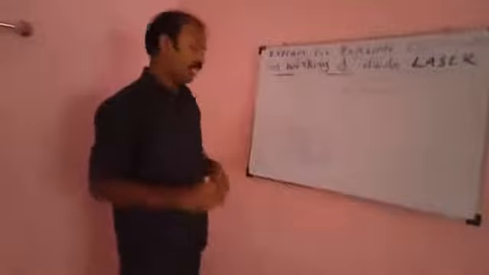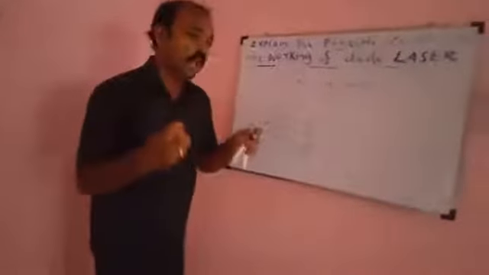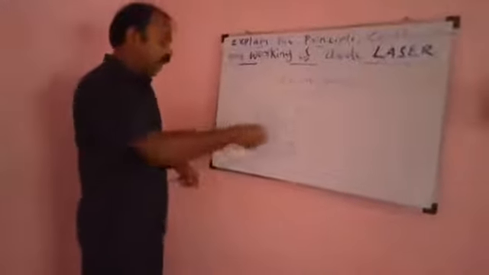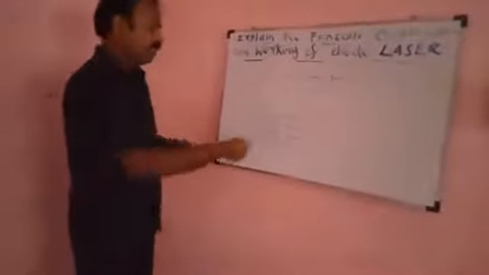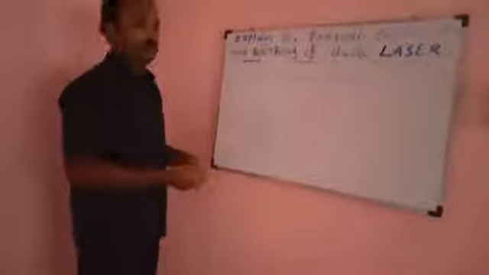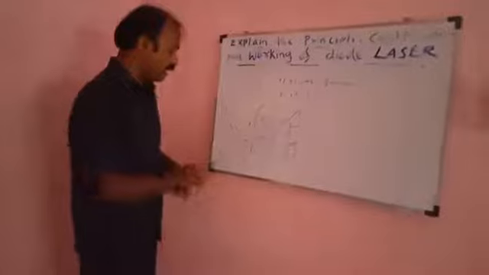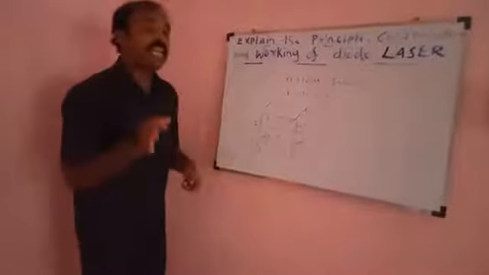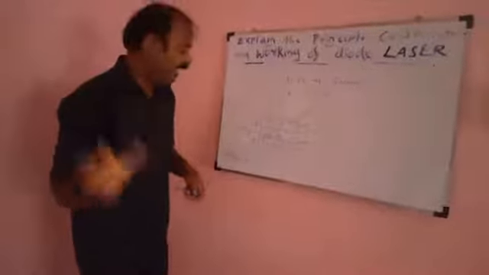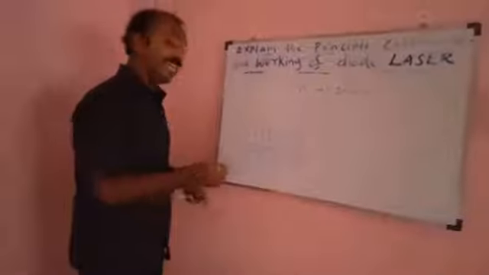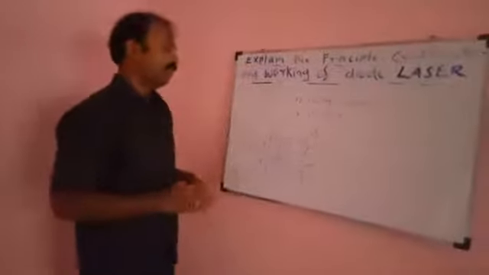between the third layer and fourth layer. As a result of recombination, light radiation comes out from this junction with wavelength 8014 Armstrong unit in the red region, so red color.